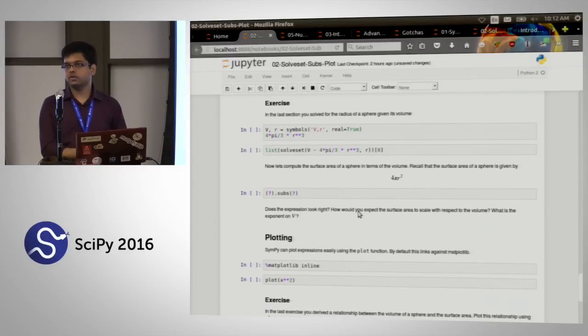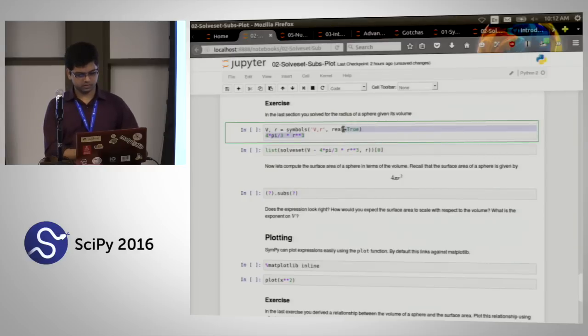So now try to compute the surface area of a sphere in terms of volume. This should be possible.